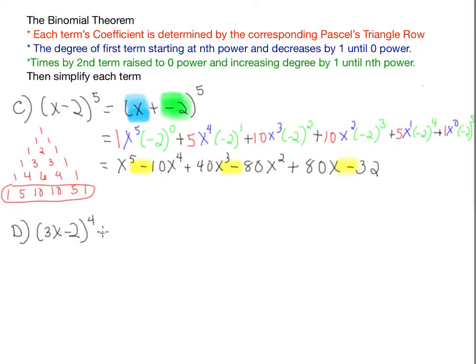Okay, example D. Rewrite this as a first term plus a negative term, so you know that our second term is negative 2. I'm going to use the Pascal triangle above, and for the fourth row, it's the one circled in black.